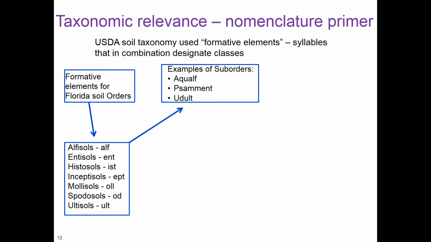Psamment is an entisol, the ENT part, and the psam means that it's very sandy. And udult is an ultisol, the ULT part, and the ud conveys the idea that the soil occurs in a humid moisture regime, but that is not as wet as a soil that would have an aqua suborder formative element.